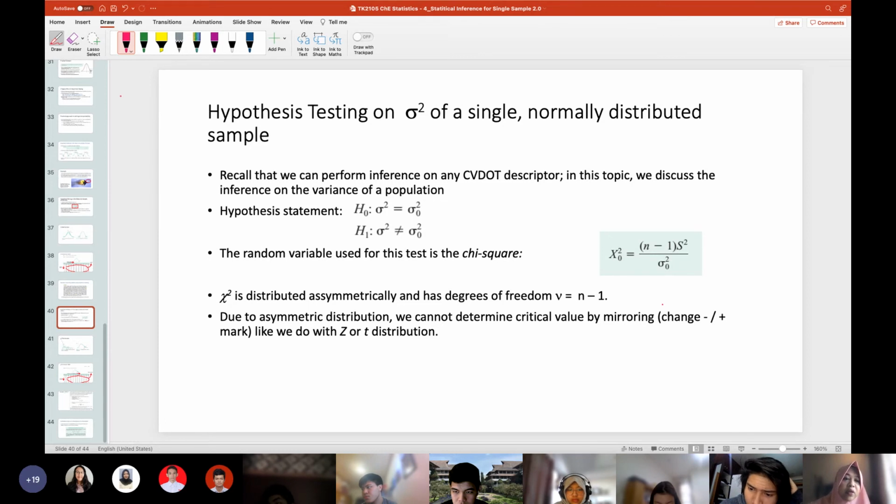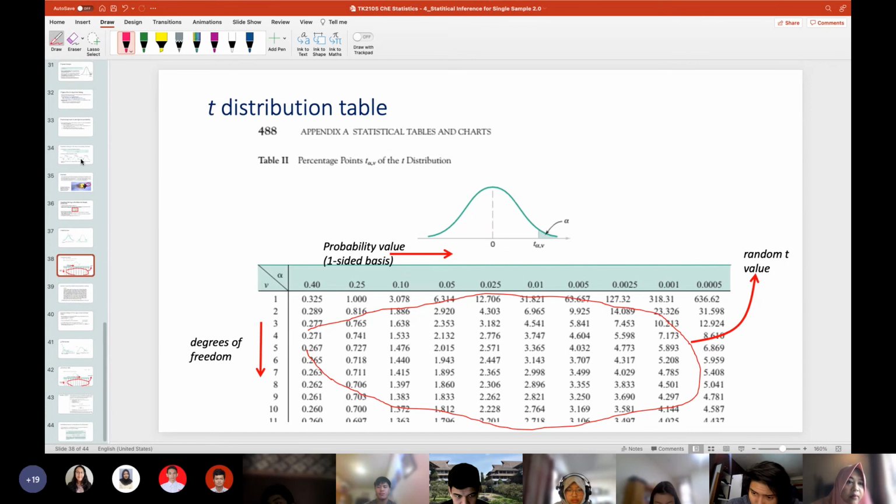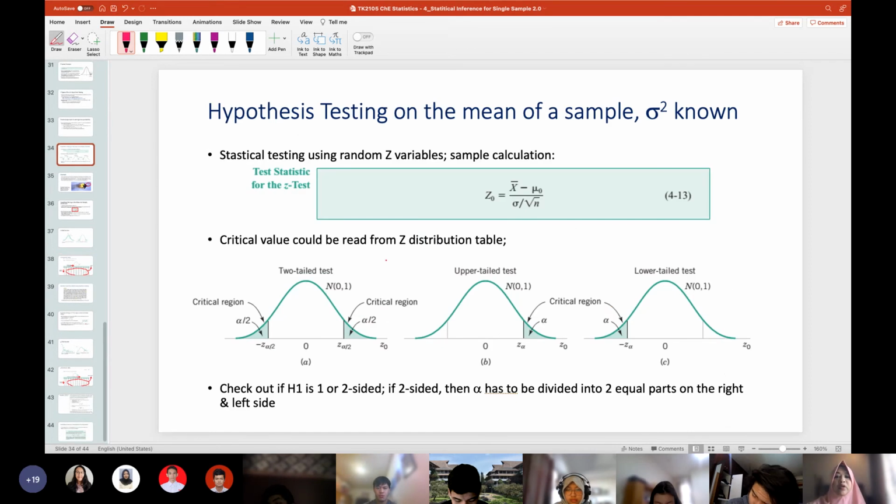For the means we use the Z distribution. But for the mean, if the sample is small, or the standard deviation of the population is not known, we use the T distribution.